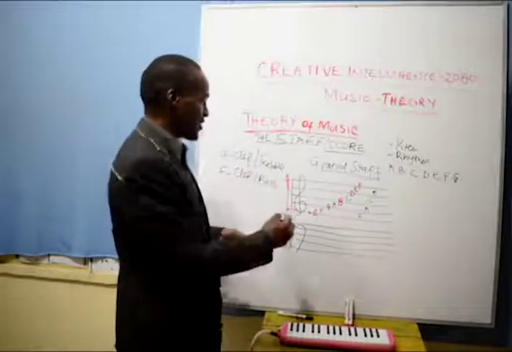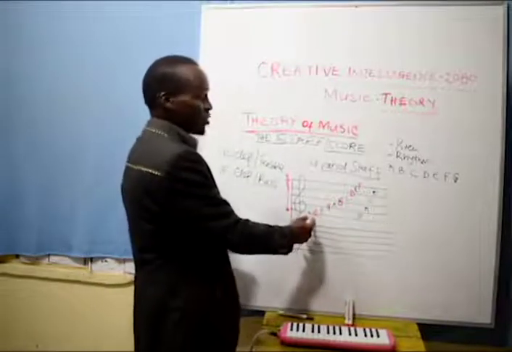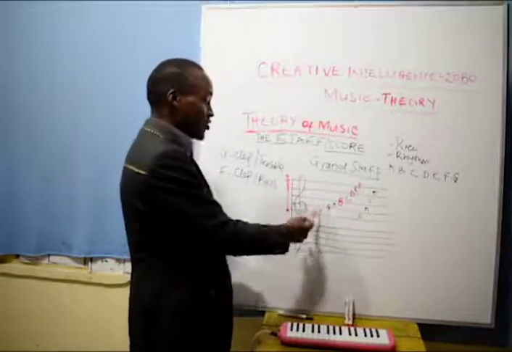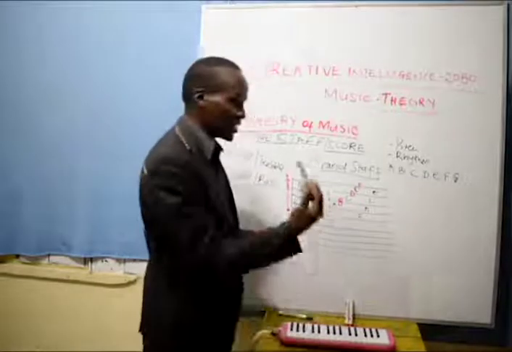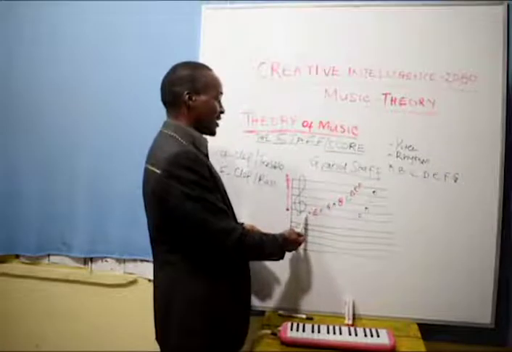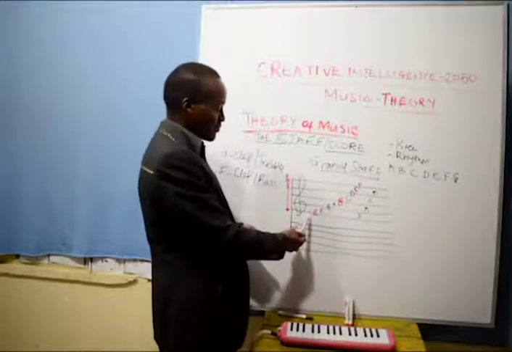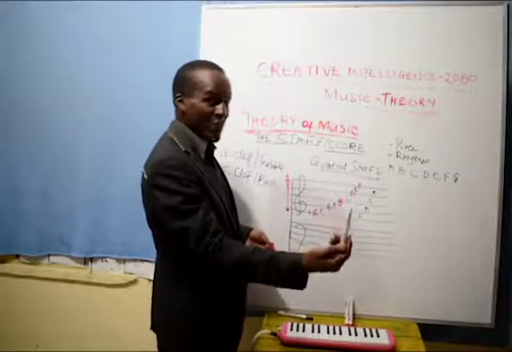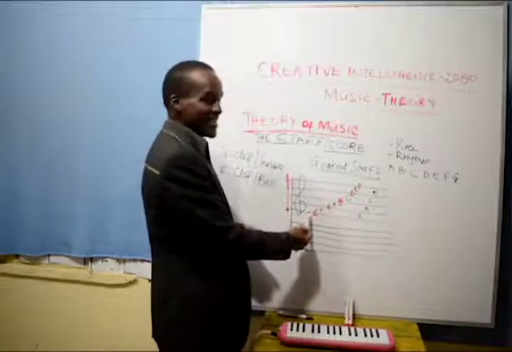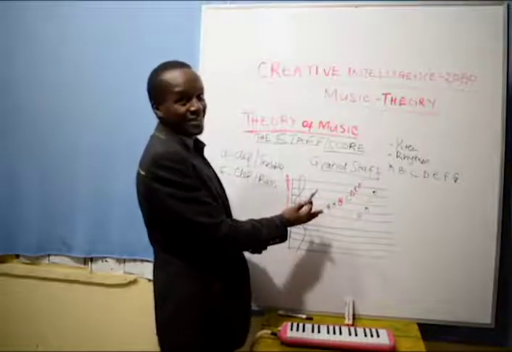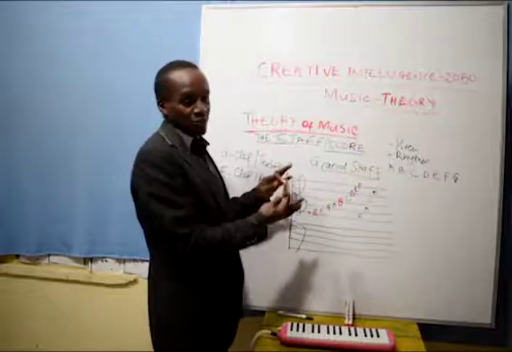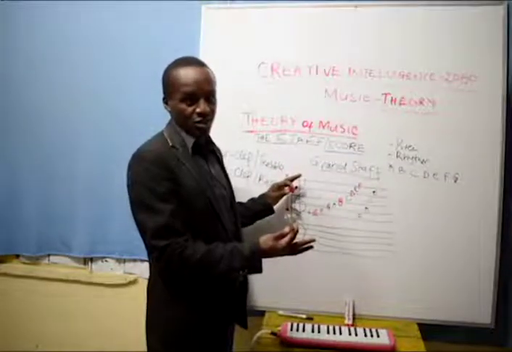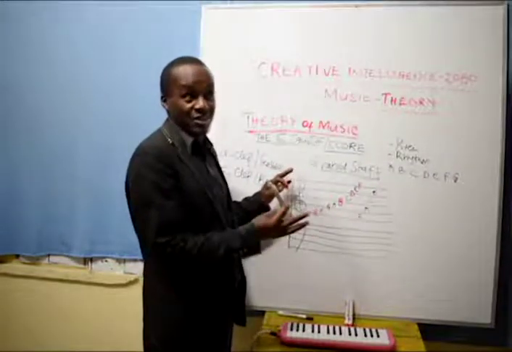So the lowest line here, we said, is E. In the G clef, the lowest pitch we have on the lines is E. Of course, this is expandable; it is not really fixed.